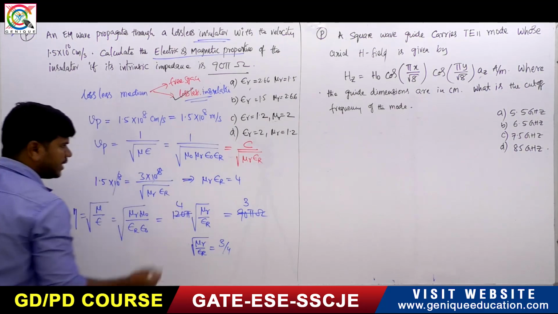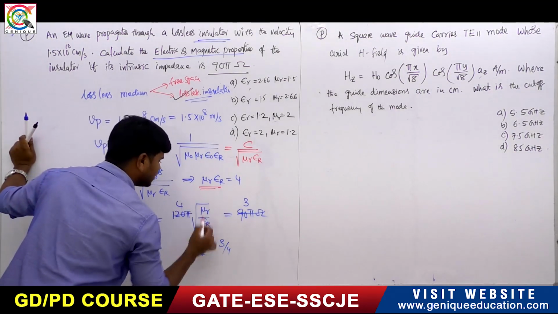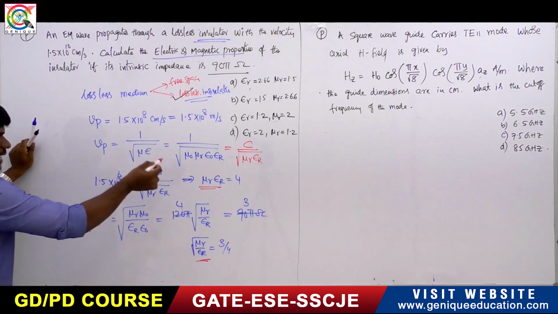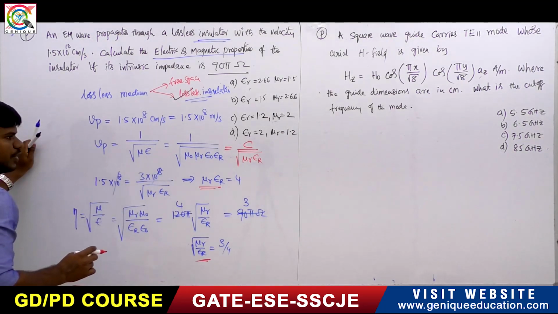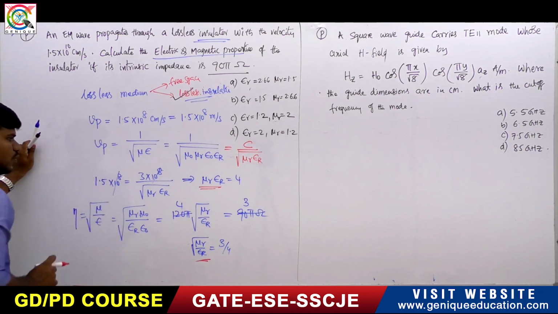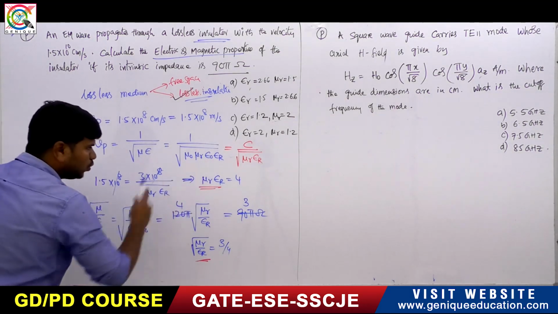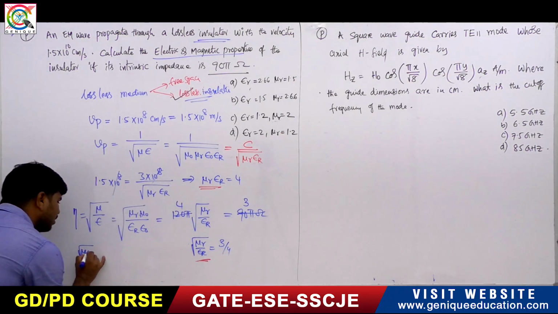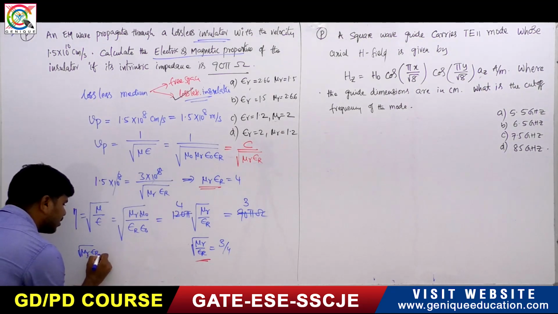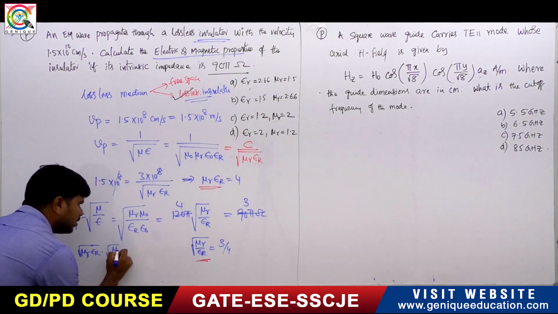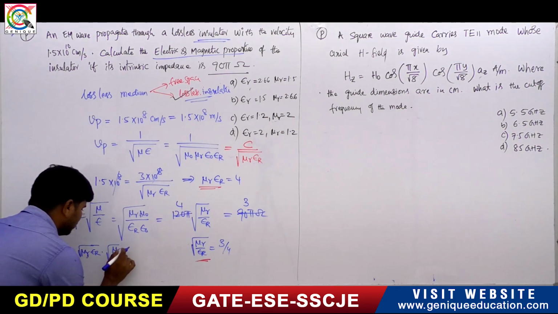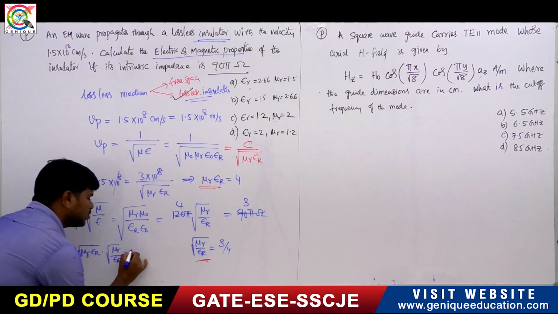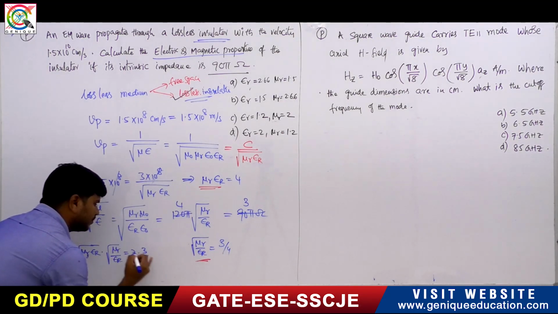Now take these two values here. Okay, mu r epsilon r is there, under root this one. So if you take root for this, how much will you get? If you take a root for this, you will get 2 here. So if you multiply root mu r epsilon r into root mu r by epsilon r, it is 2 into 3 by 4, right?